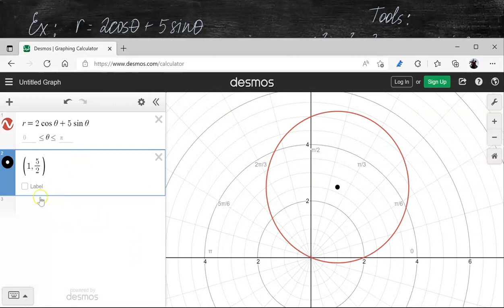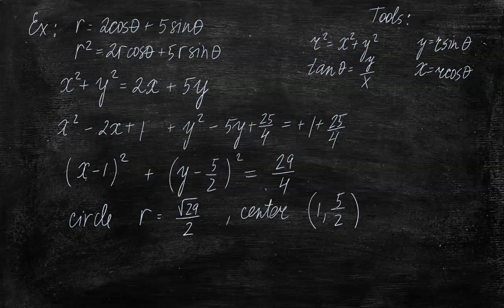So again, when working in polar coordinates, you can always try to change the equation and rewrite it in Cartesian form. However, going backwards is actually easier.